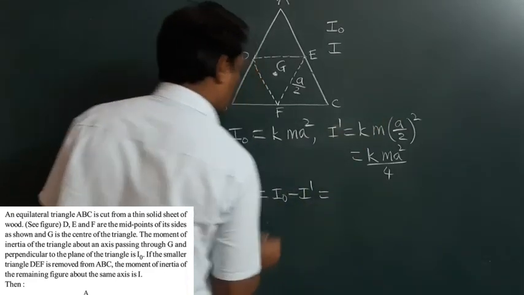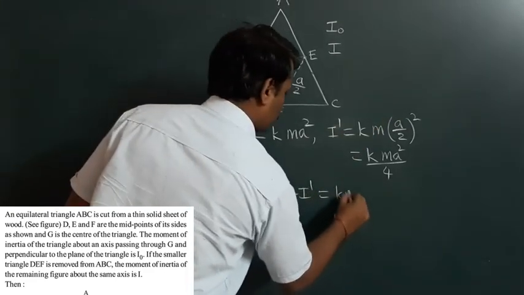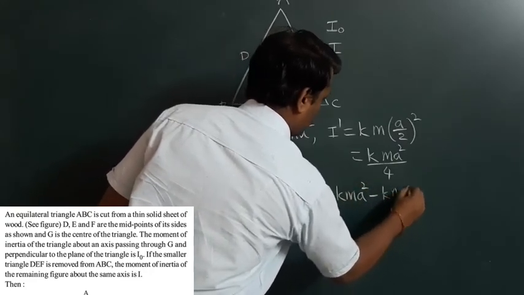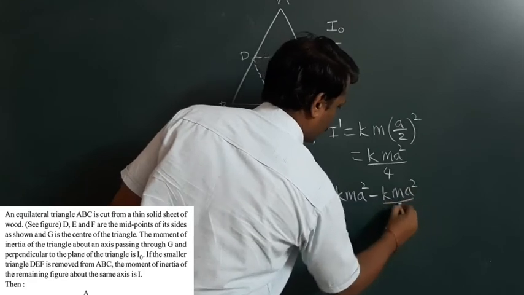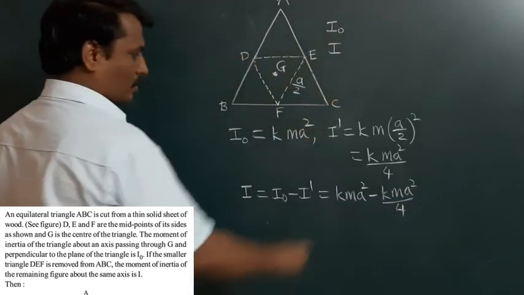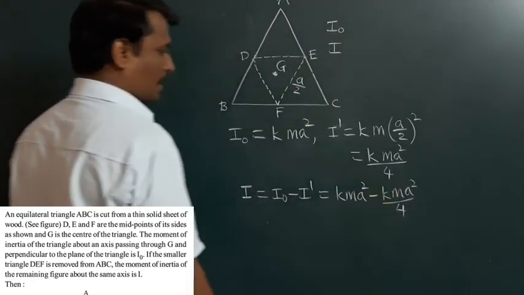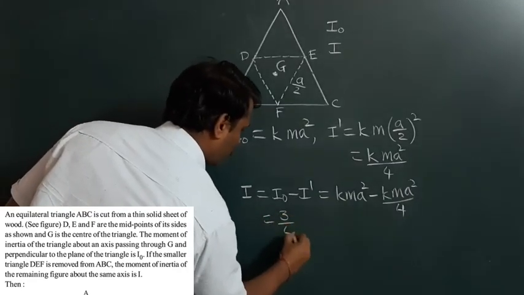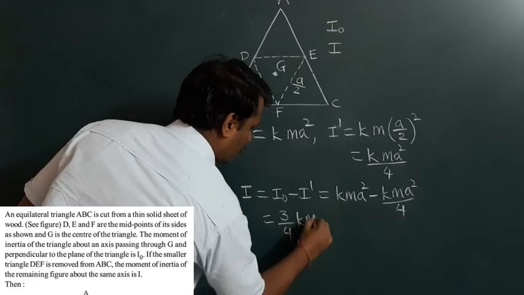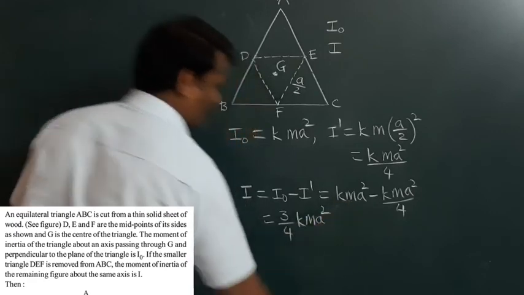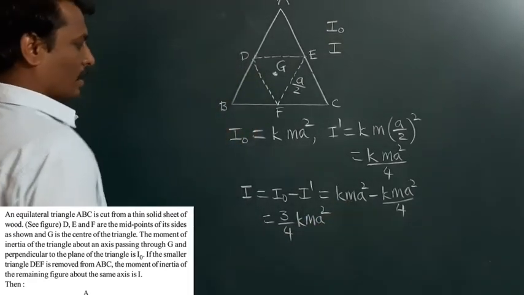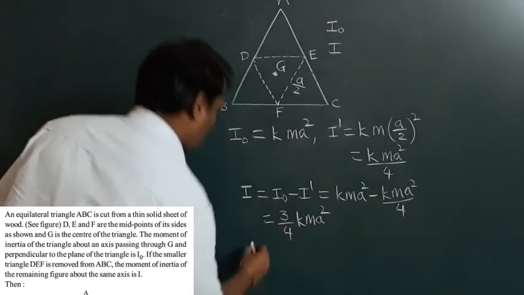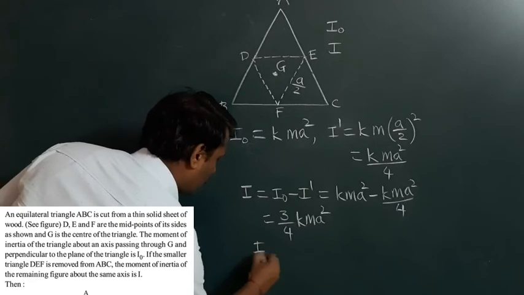That is K m a square minus K m a square by 4, which is equal to 3 by 4 K m a square. This is I.